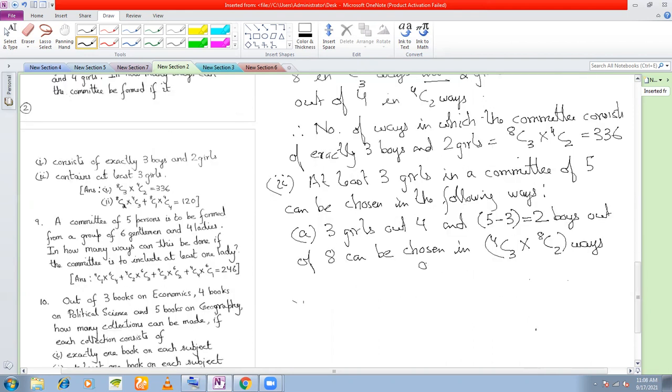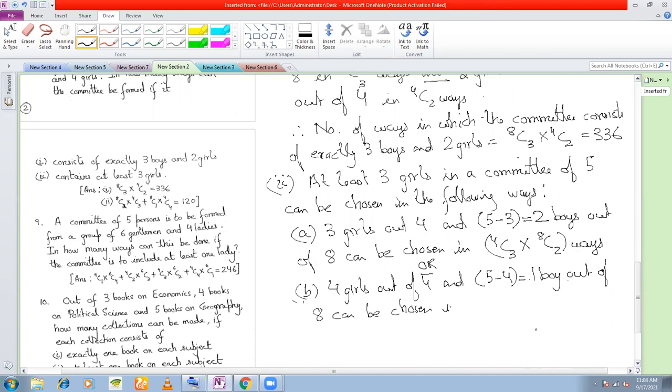Okay, or you can choose 4 girls out of 4 and 5 minus 4 is equal to 1 boy out of 8 can be chosen in 4C4 into 8C1 ways, right?